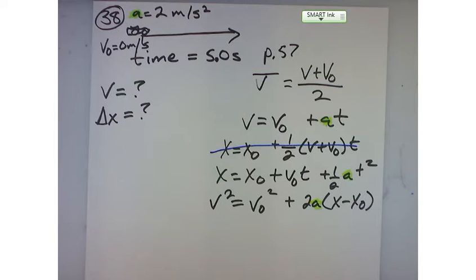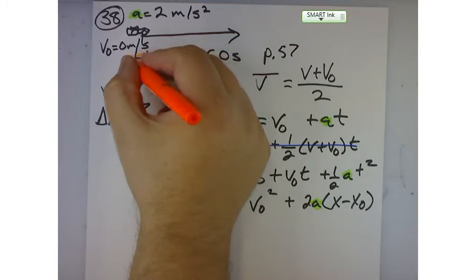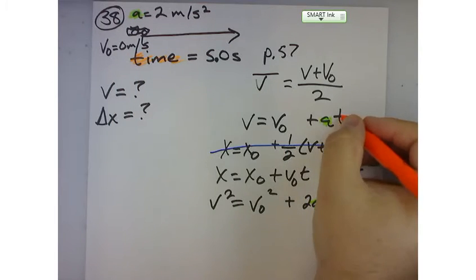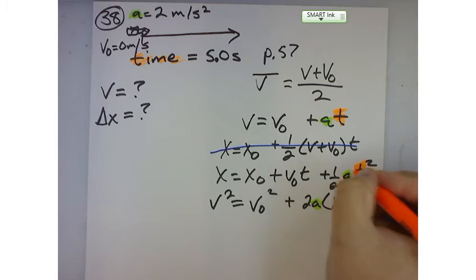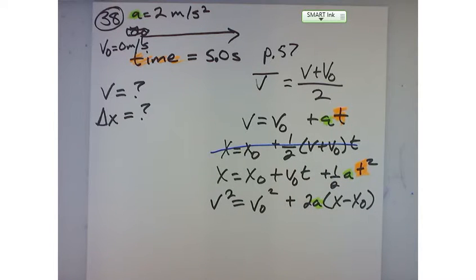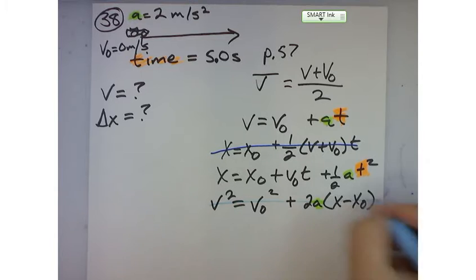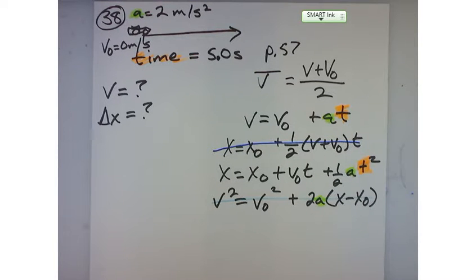The next thing I have is time. So since I know what the time is, I could possibly use this equation. I could possibly use this equation. This equation doesn't have time at all. Well, I don't know. We could check it off the list. Maybe not. So let's just politely put a little line through it. We might come back to it.